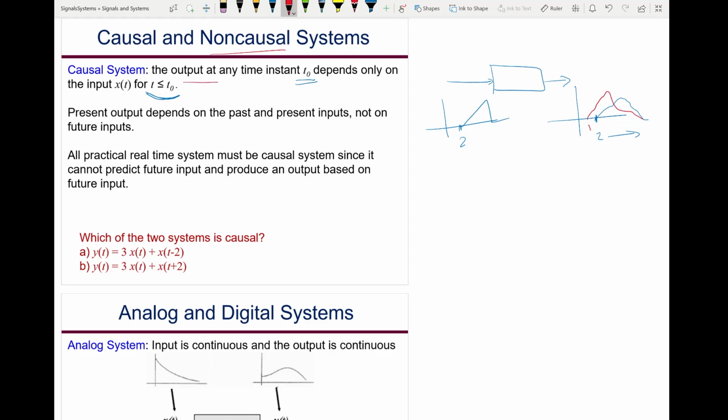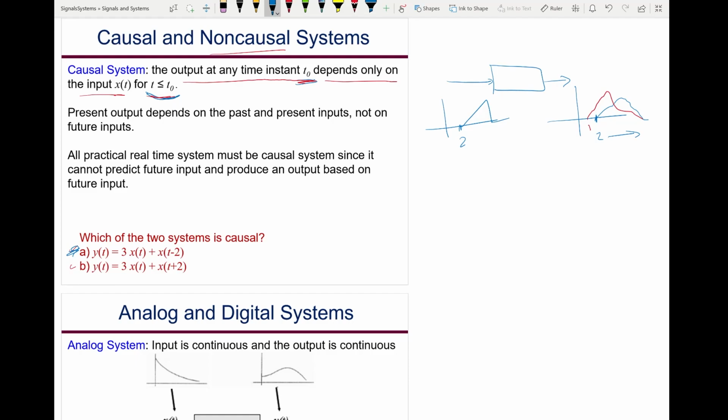The output at any time instant t0 depends only on the input x of t at t equal t0 or less. That means the present input or previous input. So let's take these two examples. System A, this one, we want to know, is it causal or non-causal? The best way to solve this is to just plot it.